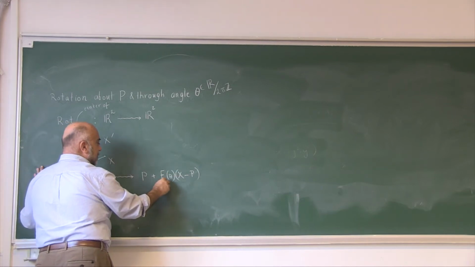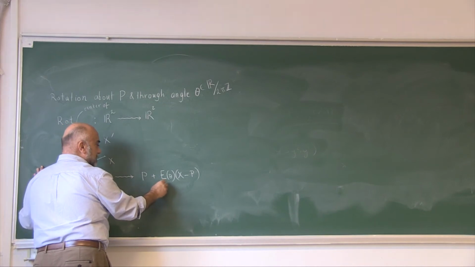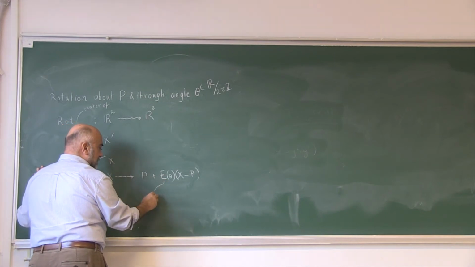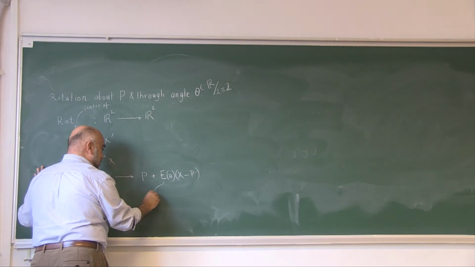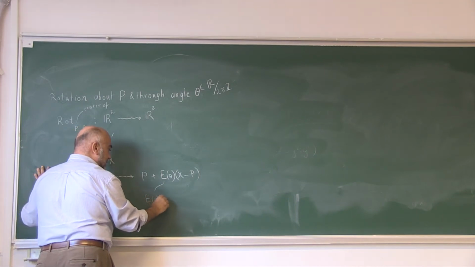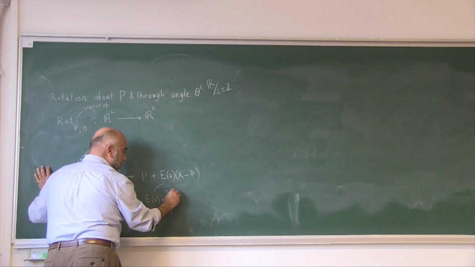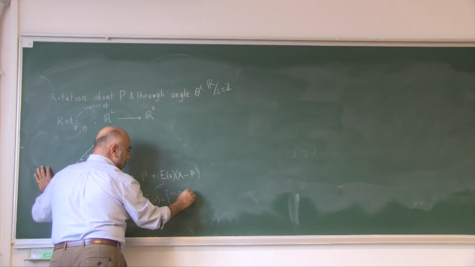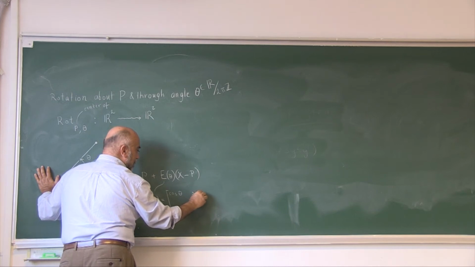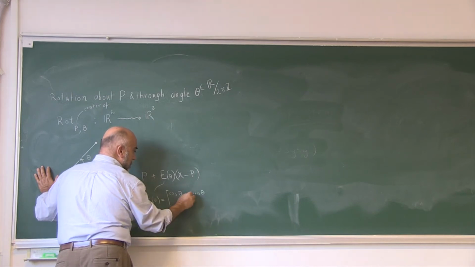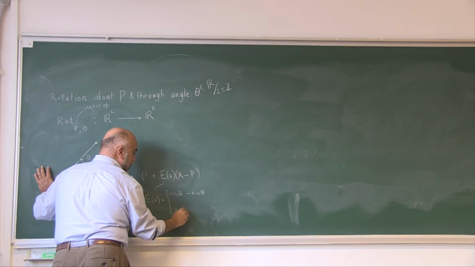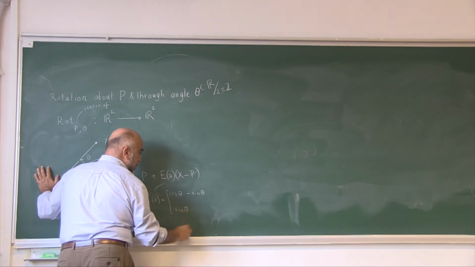This is the matrix, so I'm writing it in vector notation. This E theta is simply the 2 by 2 matrix, which is this. Have I got this right? I wonder.